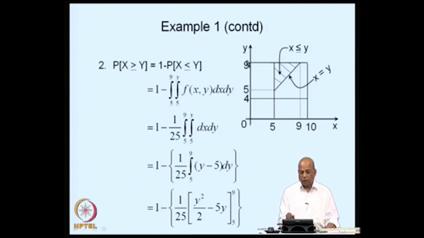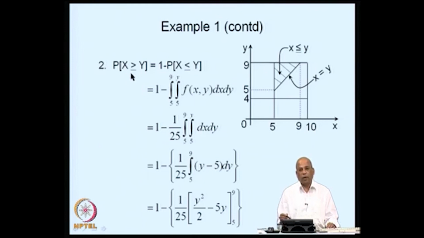This is y and this is x. So, y takes on values between 4 and 9, x takes on values between 5 and 10. This is the range over which f of x y is non-zero, and we are interested in getting the probability that x is greater than or equal to y.